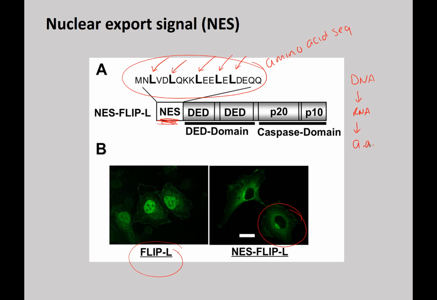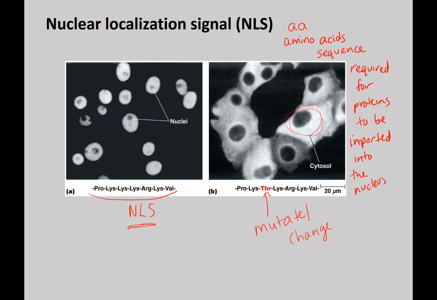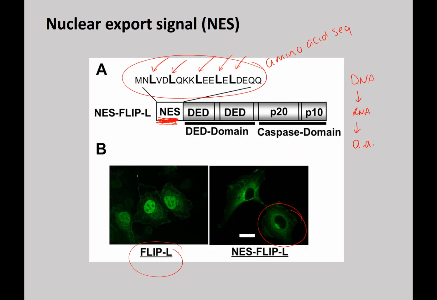And so you can manipulate these sequences to figure out, is this a true nuclear export sequence, or is this a true nuclear localization signal? And you can add these sequences onto other proteins to make them move into or out of the nucleus. Keep this in mind because you have a homework question that asks you about doing this.